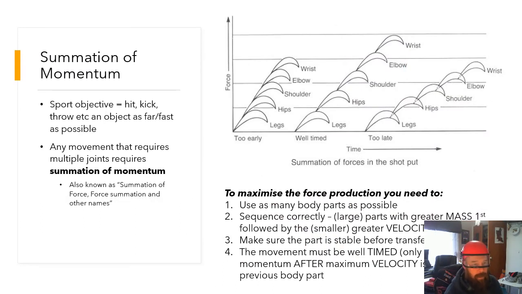So the next concept that you need to know about is summation of momentum, also known as summation of force or force summation. There's a few different names. When I was teaching PE last, it was called force summation. Anyway, summation of momentum. The objective of any sport is to hit, kick, throw, whatever, the object as far or as fast as possible.